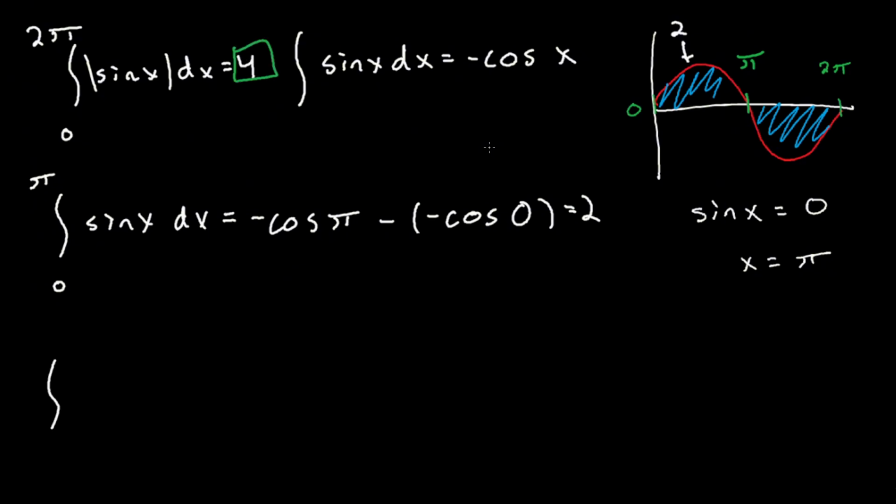But if you want to solve with a more analytical method, again, you can just separate the integral into two regions, 0 to pi and pi to 2 pi. And what we expect out of this is a negative area since the function is below the x-axis.